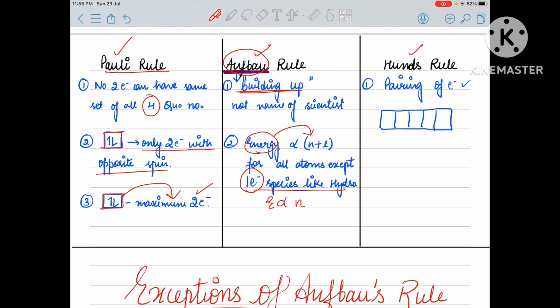Hund's rule: pairing of electrons will take place according to my arrangement. See, 1, 2, 3, 4, 5, 6, 7, 8, 9, 10. Pairing will only be possible when each orbital has one electron.